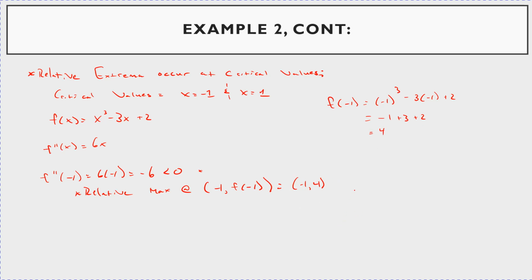So what that means, when we sketch the graph, it's going to go increasing, hit this relative max, and then decrease. Now let's take the other side here and plug in the other critical value. So this is greater than 0 here. So what that means, when the sign of the second derivative is positive evaluated at the critical value, we have a relative min.